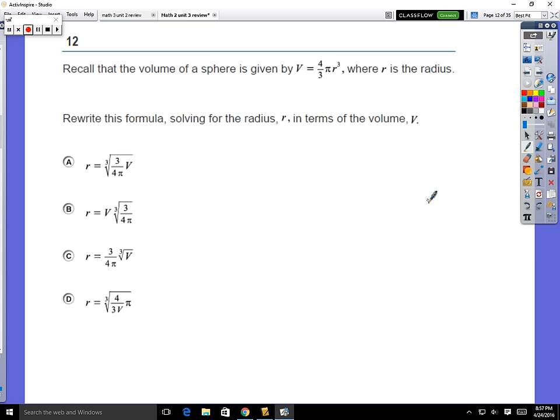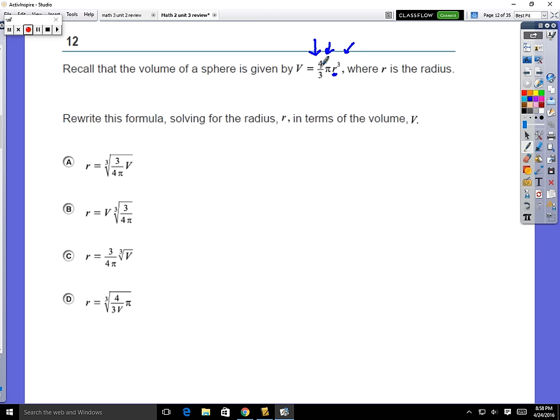Okay, the volume of a sphere, 4/3 pi r cubed. R is the radius, and rewrite it so that you solve for r. So let's get r by itself. Ditch the cube, ditch the pi, ditch the 4/3.